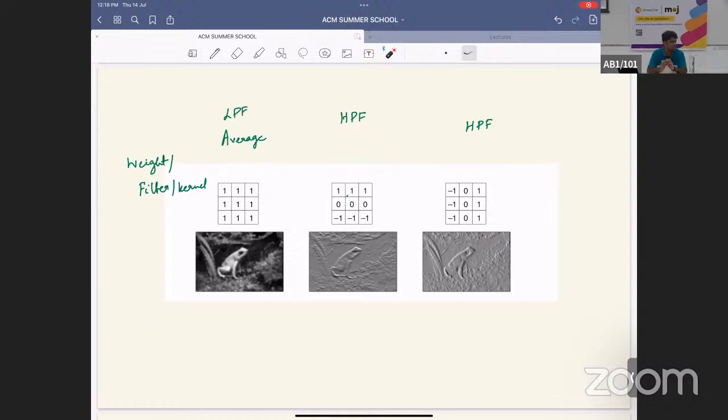But in actuality, we have to learn these weights. The filters or kernels are learned during the training phase. Any questions still here? Everyone understood the transition between MLP and CNN?